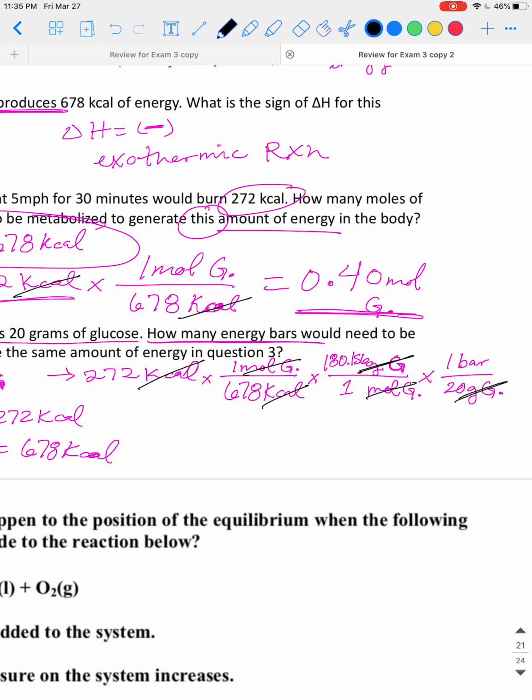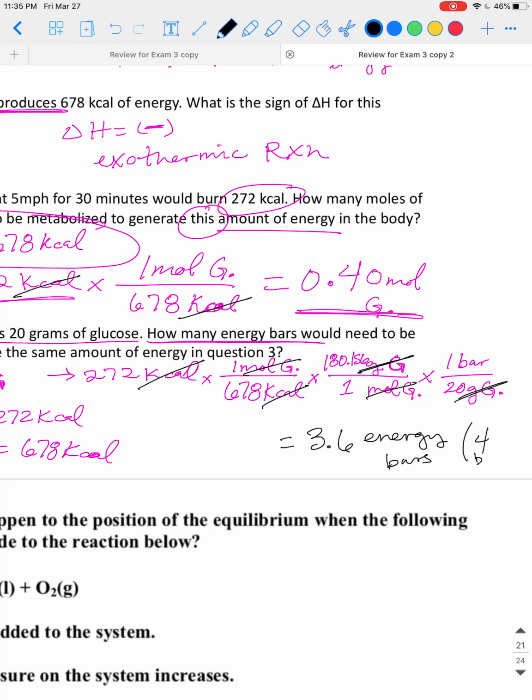So now we just solve for this. 272 divided by 678 times 180.156 divided by 20, and you should find that you need to eat 3.6 energy bars.